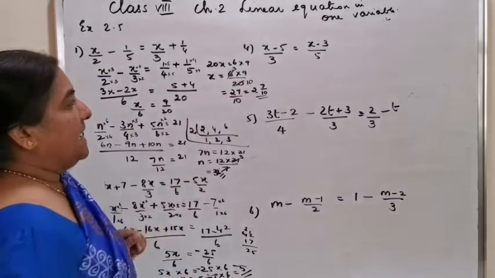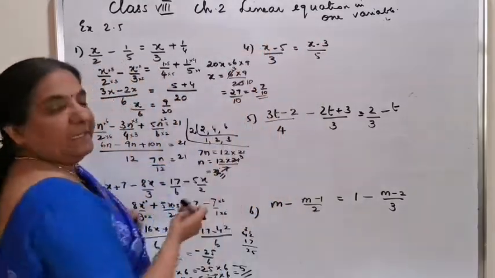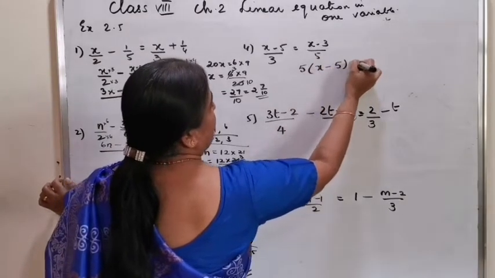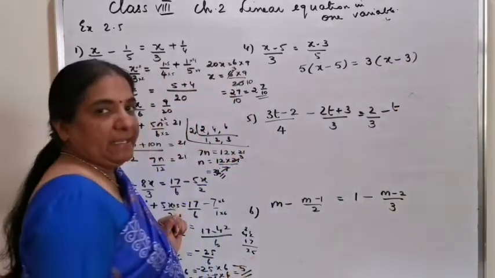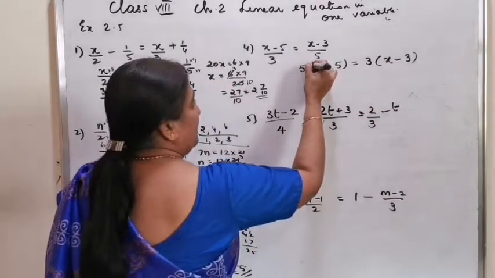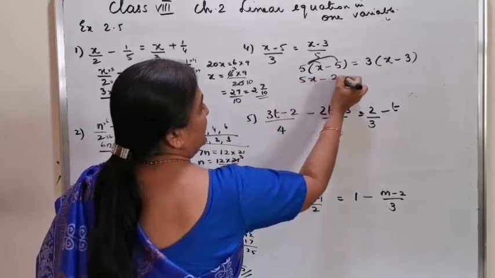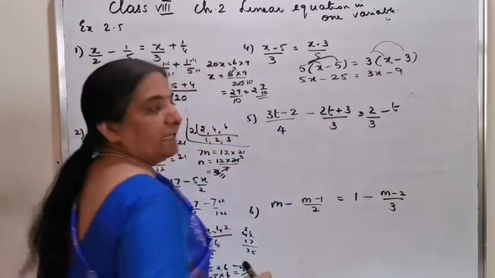The next one: here you can directly cross multiply. That means 5 into x minus 5 is equal to 3 into x minus 3. Distributive law: 5x, 5 into 5, that means 5x minus 25, 3x minus 9.